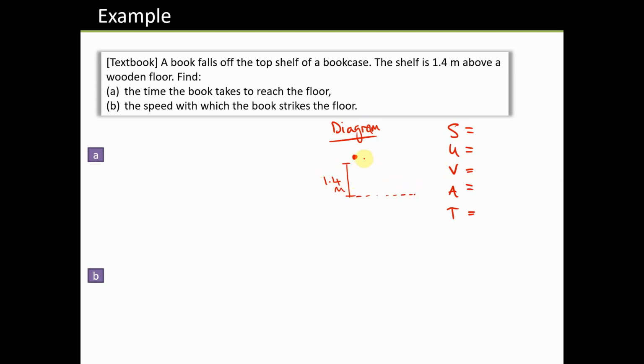And it's going to fall like so, down to the ground. I'm going to label a few things on. Well, it's moving freely under gravity, and that's the whole point of this chapter. There's no air resistance, it's just down to gravity. So in fact, its acceleration will just be gravity.